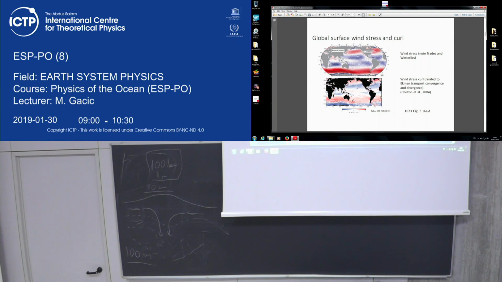Therefore, apart from the differences in heat fluxes, or the differential heating of the polar and equatorial areas, we can look at the global surface wind stress and curl in order to obtain the areas where we have the convergence and divergence and the vertical movement associated to the vorticity in the wind field.